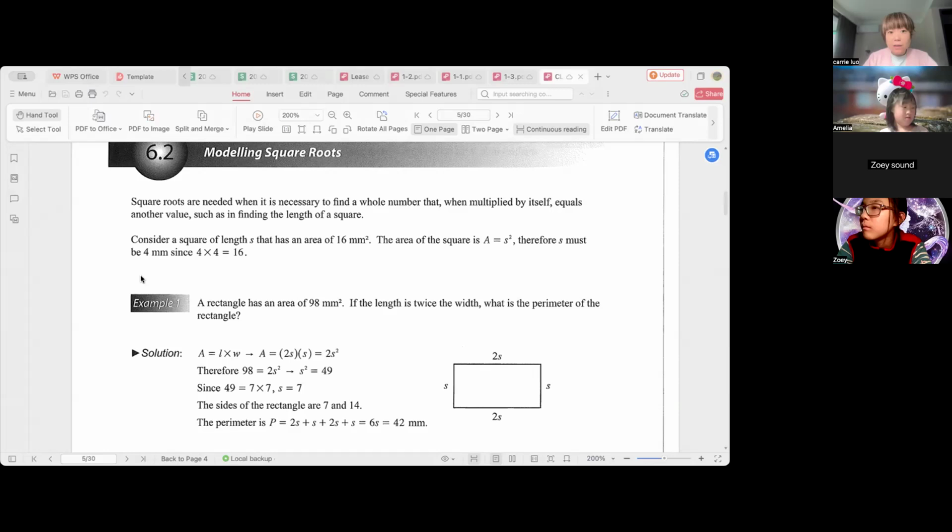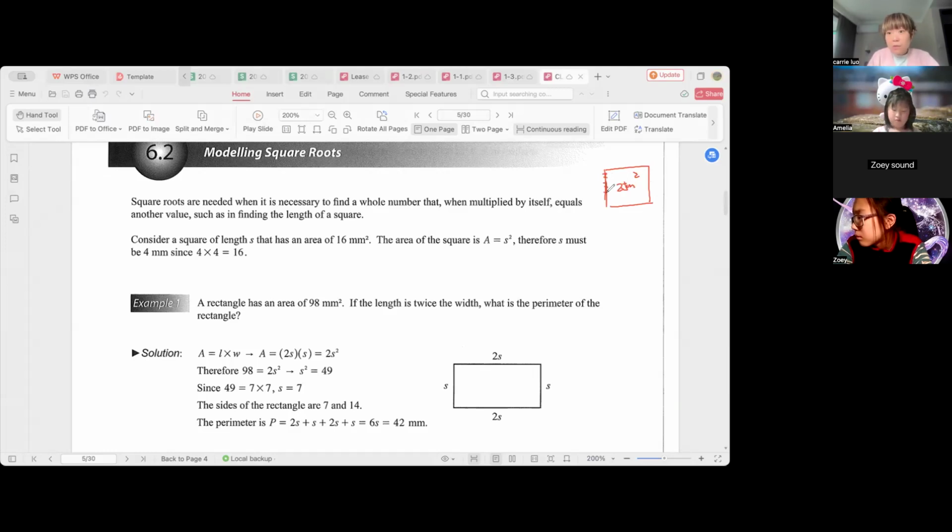Square roots are needed when it is necessary to find a whole number that, when multiplied by itself, equals another value, such as finding the length of a square. Correct? If I told you the area of a square is 9, could you please tell me the side measurement of the square? It still looks not very relevant to our real life, but think about it. If you have a garden, the area of the garden is 25 meters squared, and you want to build a fence around it, right?